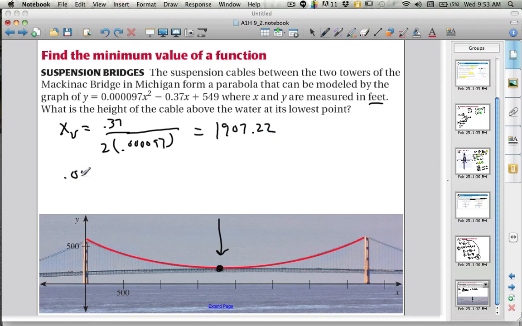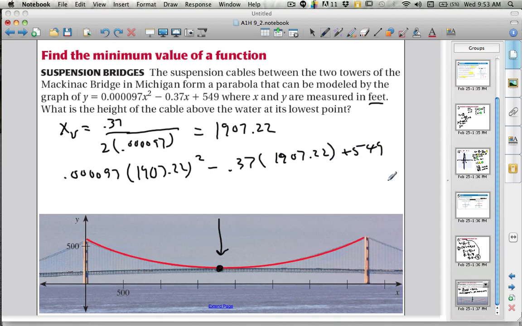So I'm going to have 0.000097 times 1907.22 squared minus 0.37 times 1907.22 plus 549.